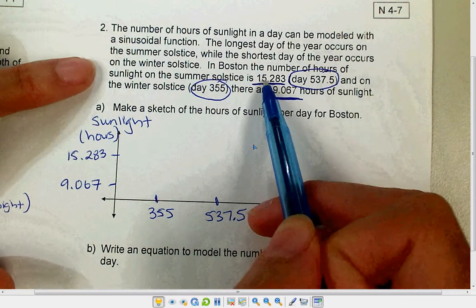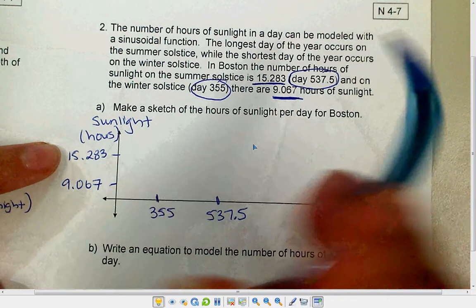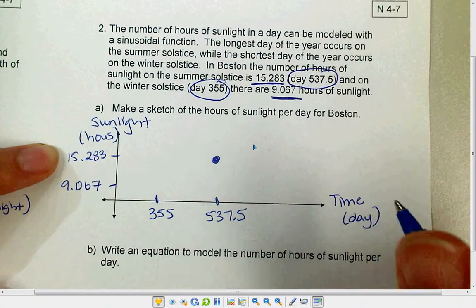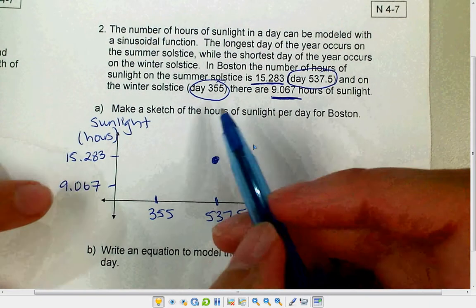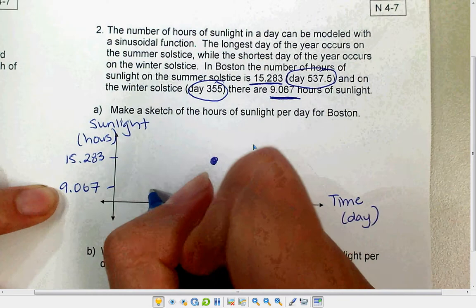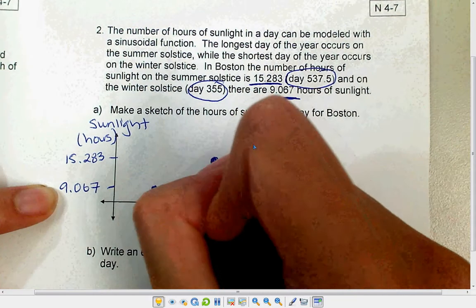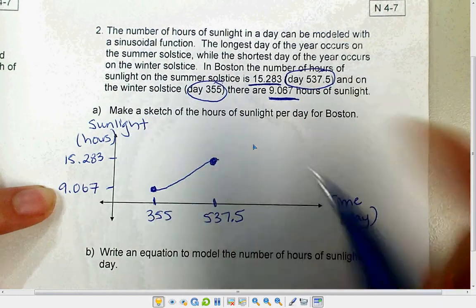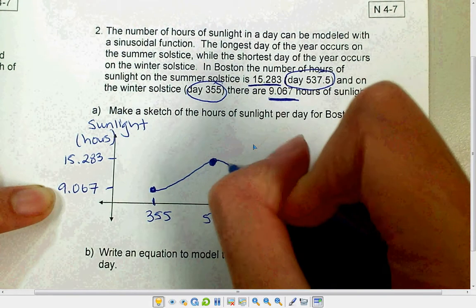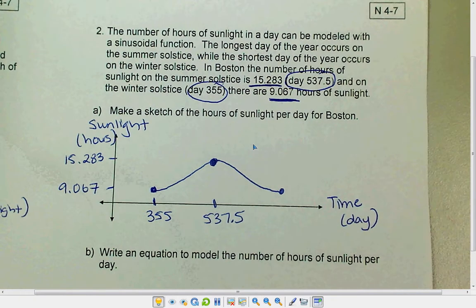So our maximum 15.283 is occurring at day 537.5. So up here, this is our maximum. We're going to plot a point right there. The minimum of 9.067 is occurring on day 355, so that one's down here. So again, we're going to connect it. We want to draw a full cycle. So right now, this is only half of a cycle. So if it starts down here, I'm going to draw it, have it end over here. So we're going to have to look for another point right there.